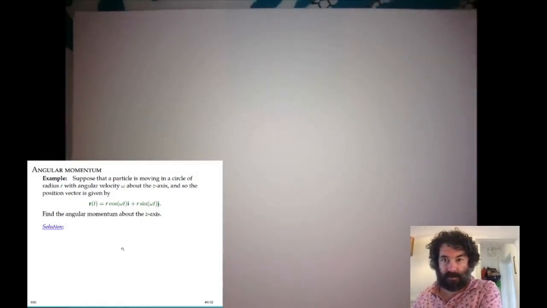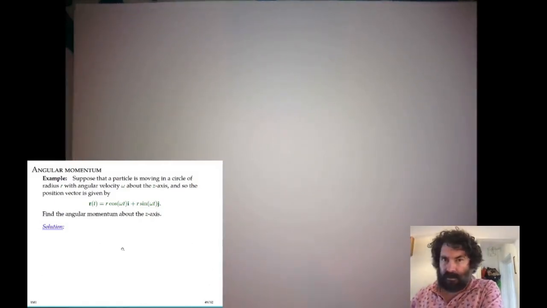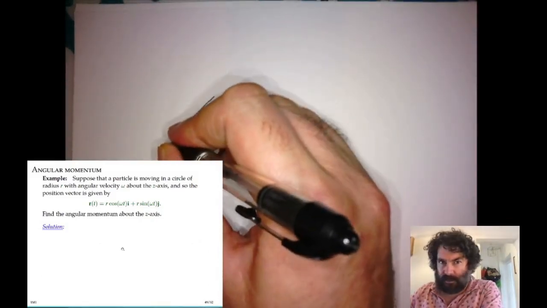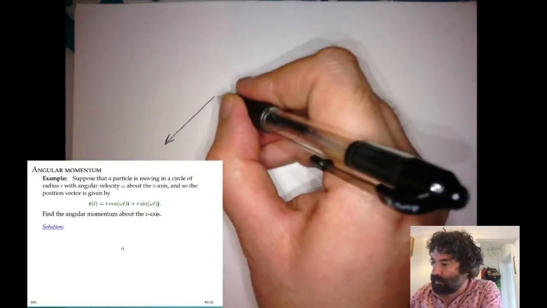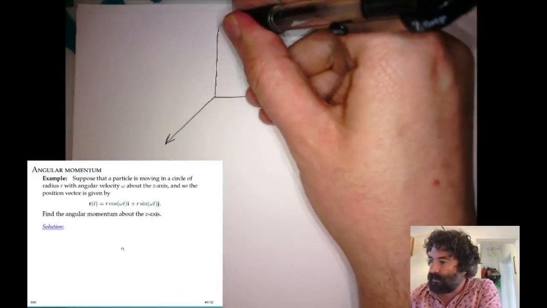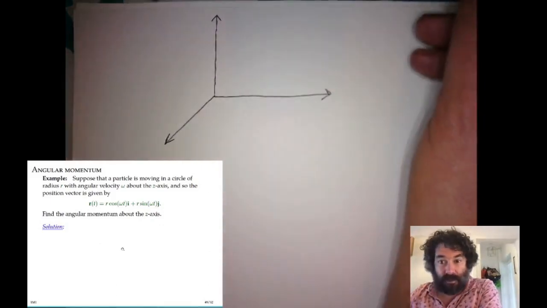So let me first draw the situation here. So we have three-dimensional axes. Actually, this particle is rotating in the xy plane, but because I'm talking about angular momentum and using the cross product, we need to think about things in 3 dimensions.